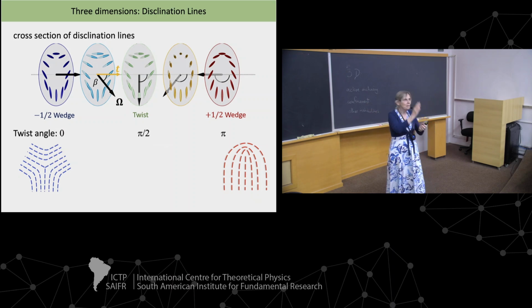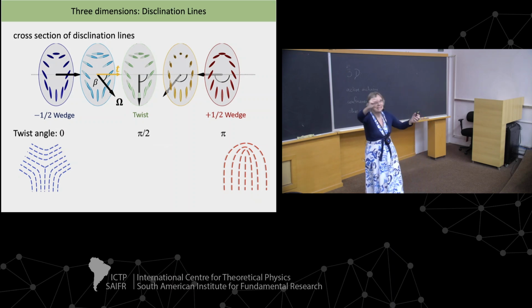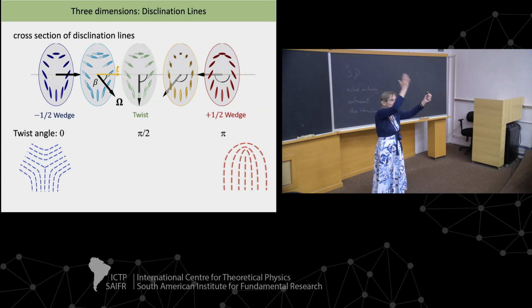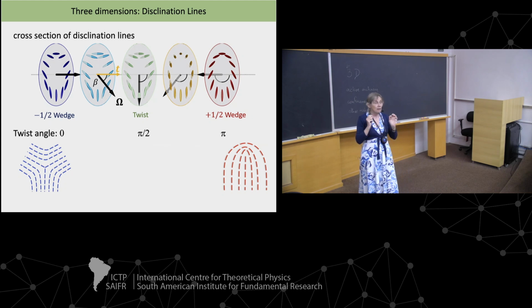Or in the middle, if this is my disclination line and that's my cross-section, you can also have something called a twist cross-section, where the director can point out of the 2-dimensional plane. And these things have to form closed loops, because otherwise they would just shrink and disappear, or they have to finish on surfaces.